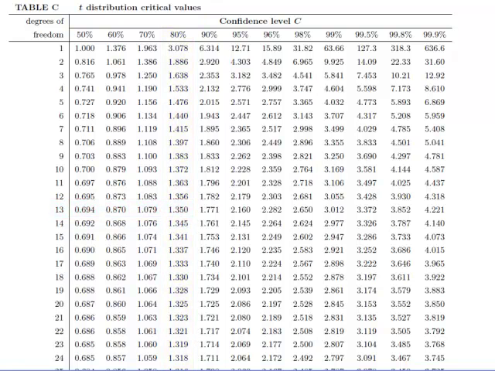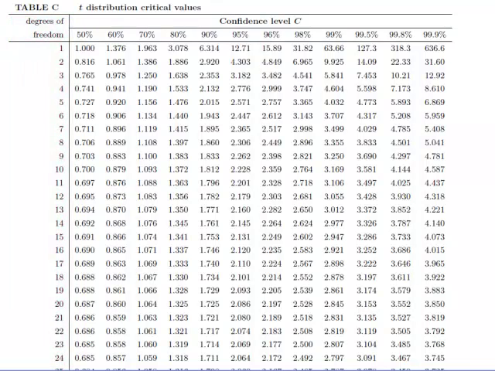Then I look at the column for the 80% confidence level, go down to 13, and where those two intersect, 1.350 is my critical value. The way you'll see me write it is t alpha over 2, comma, degrees of freedom. The comma between those two just means that we need to know both the confidence level and the degrees of freedom in order to calculate our critical value.